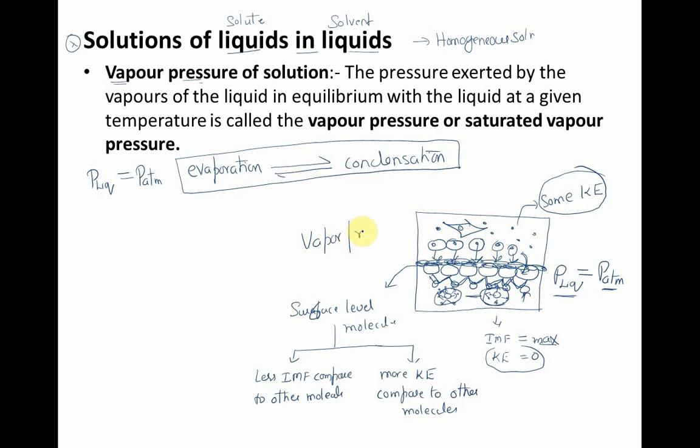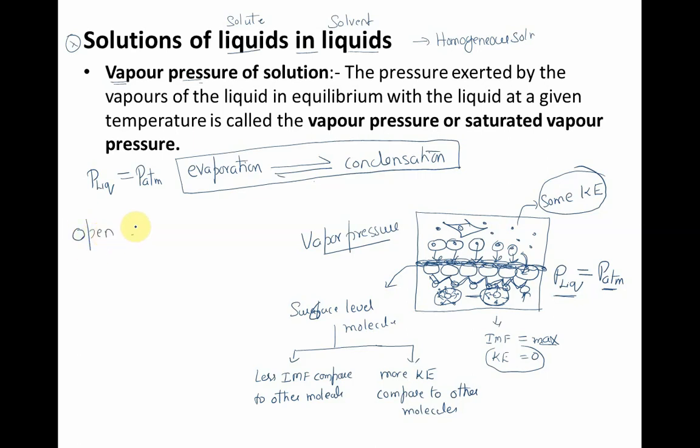So what is the meaning of vapor pressure? The pressure exerted by the vapors on the surface of the liquid at equilibrium. Very simple. The pressure exerted by the vapors on the surface of the liquid at equilibrium is called vapor pressure.